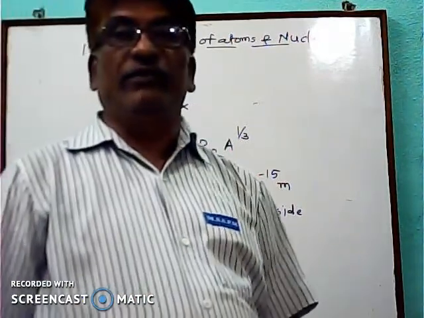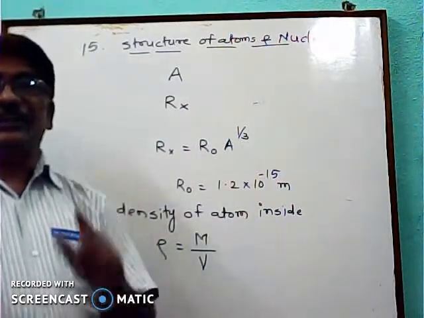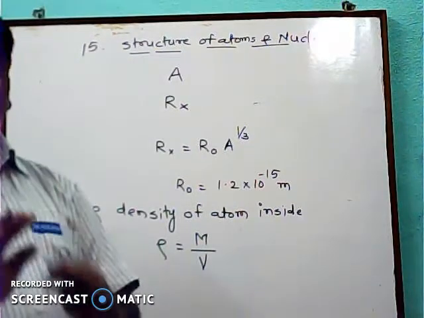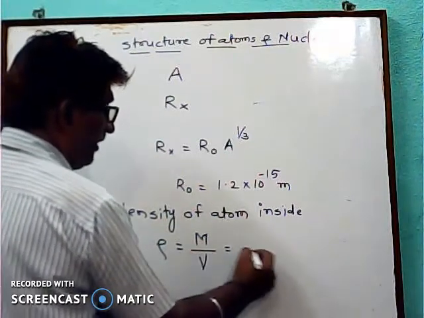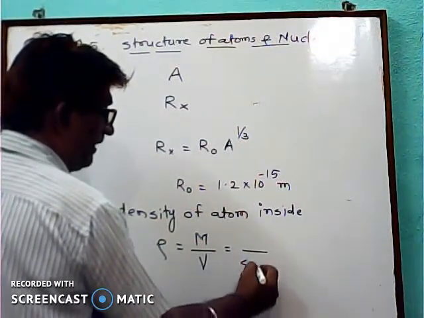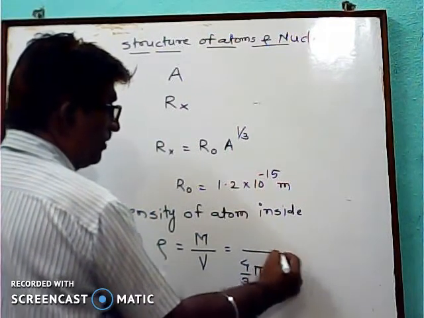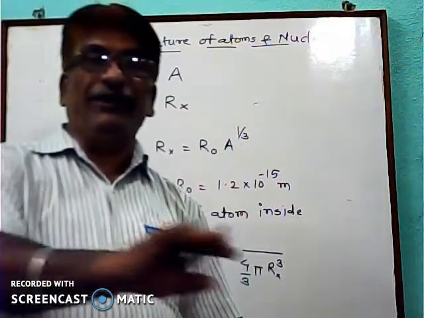If we take the nucleus as spherical, then the volume will be 4 upon 3 pi Rx cube, because element X is present.